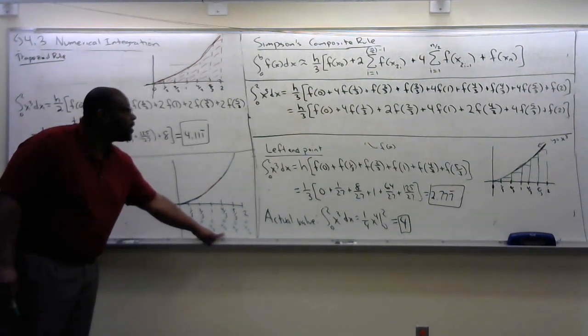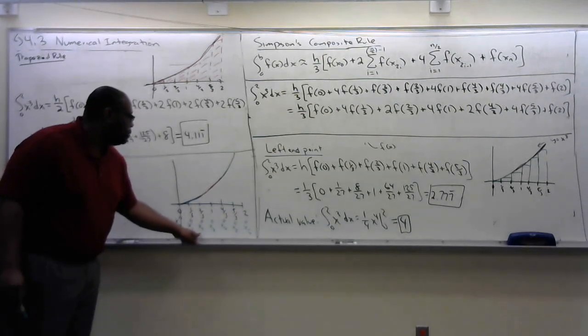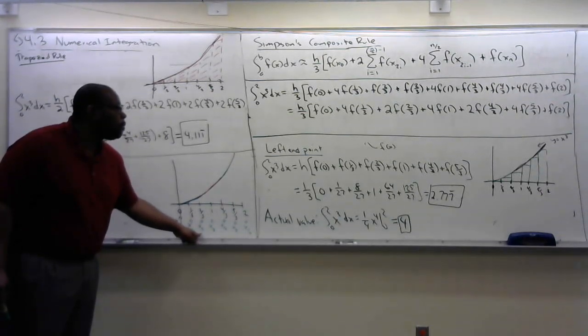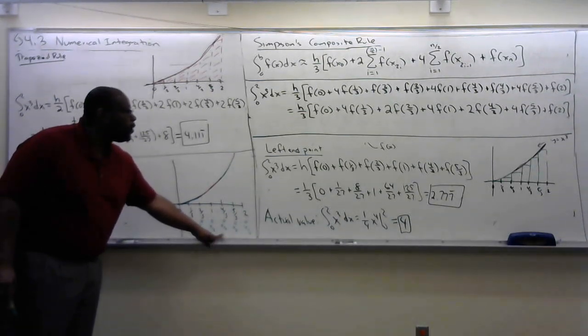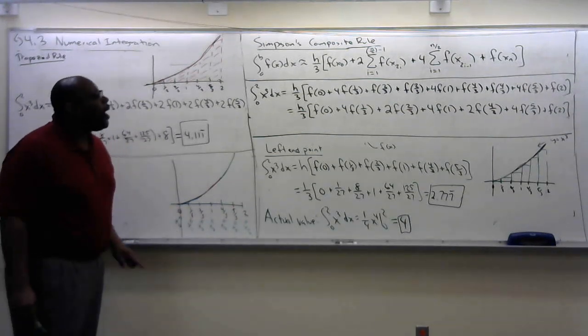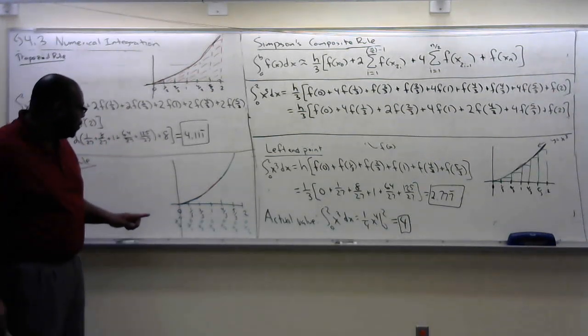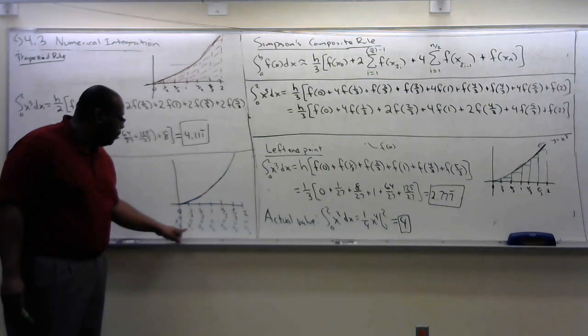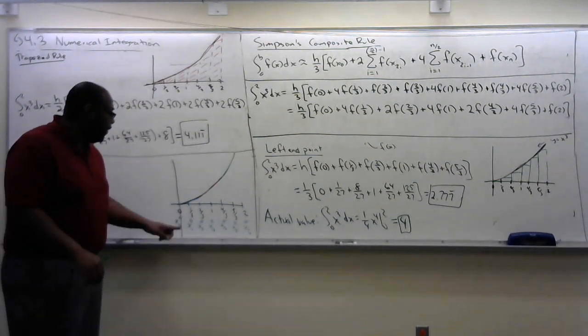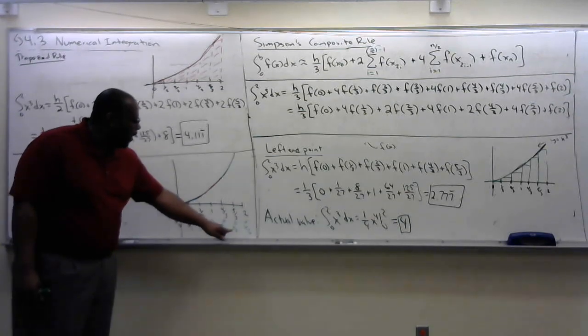Okay? And is that the case? f of 2/3 is multiplied by 2, and f of 4/3 is multiplied by 2. My odd x values are going to be multiplied by 4. So the ones that are in the interior, x1, x3, and x5.